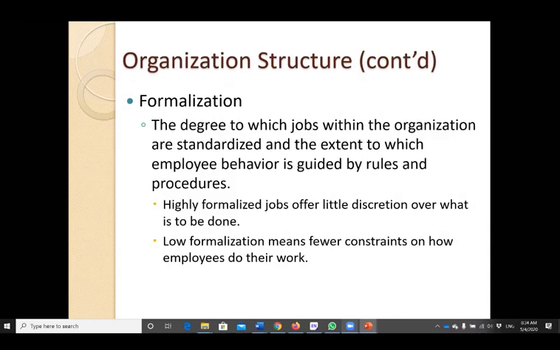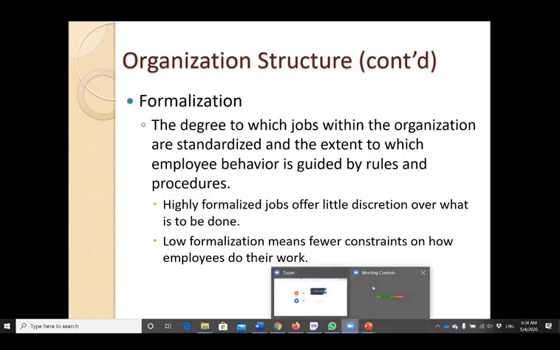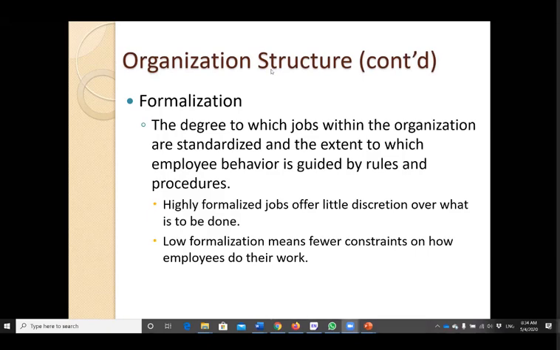So how about your current organization now? Can someone tell me if there is more formalization or less formalization? Okay, actually, the organization that I worked for before was a highly formalized job.